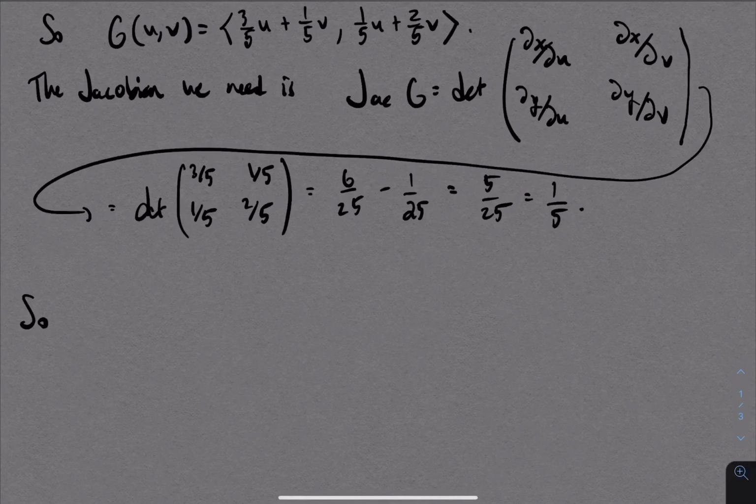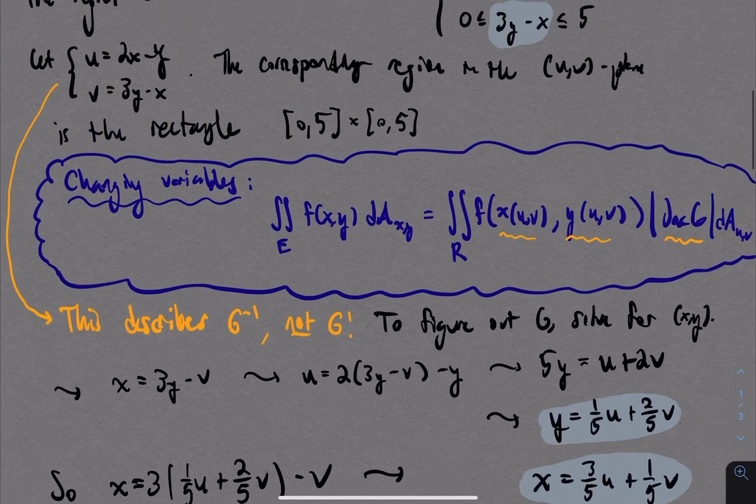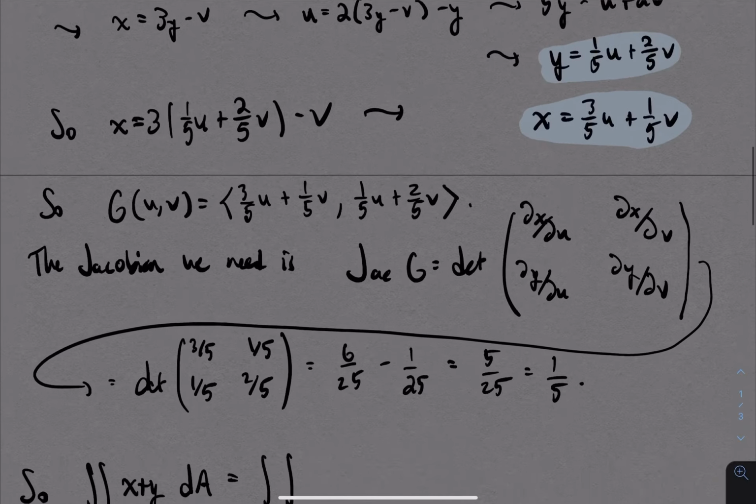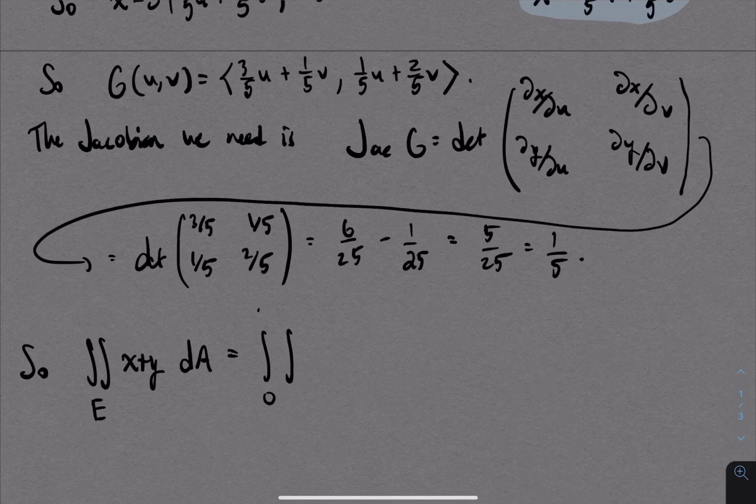So to finish it off, the double integral over E that we care about, of x plus y dA, what do we get? Our bounds: both u and v are bounded by 0 and 5. So I'll get the integral from 0 to 5 here, 0 to 5.